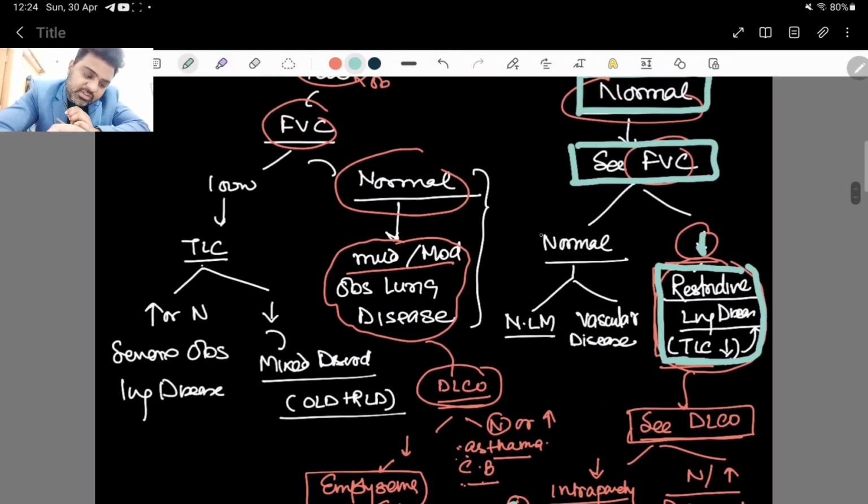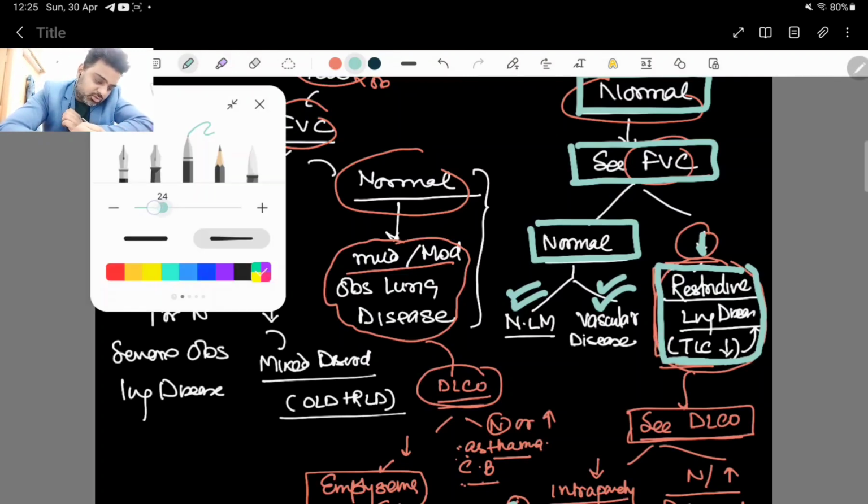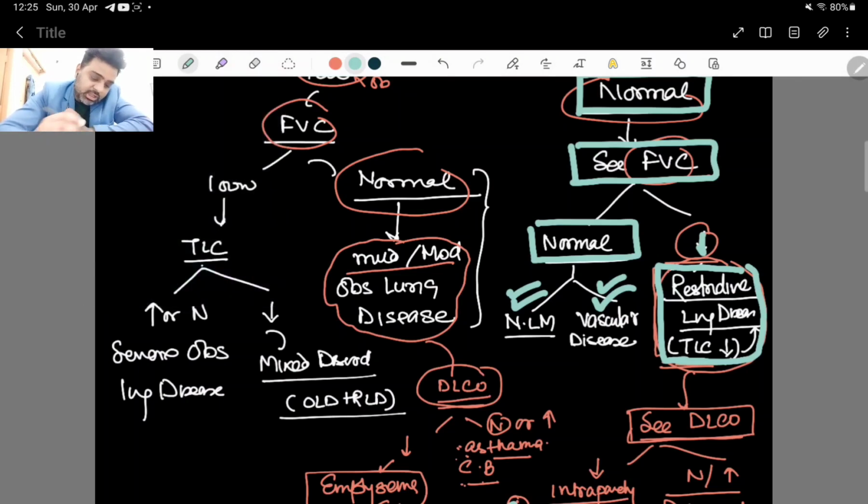But what if FVC is normal? If FVC is normal, then this patient can have normal lung mechanics, or this patient can have a vascular disease like pulmonary artery hypertension. So here DLCO will again help you. If DLCO is low, that means this patient has pulmonary artery hypertension.